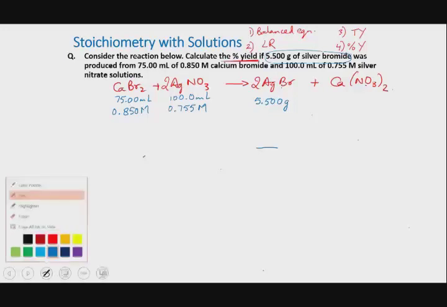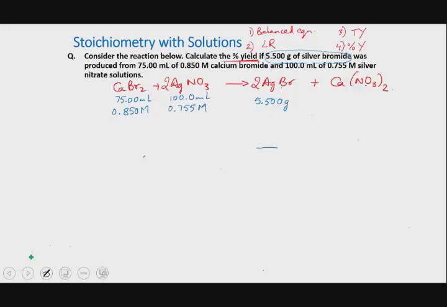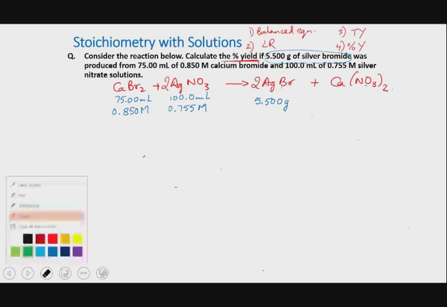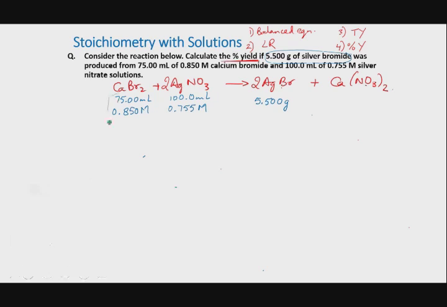Okay, so the next step, of course, is to figure out the limiting reactant. In other words, we need to figure out the number of moles of the product, silver bromide in this case, from each of the reactants separately. As we did before, using volume and concentration, we can figure out moles of each of the reactants.